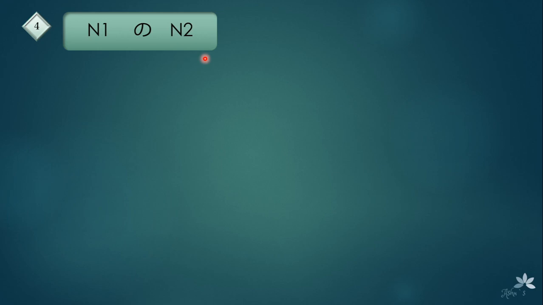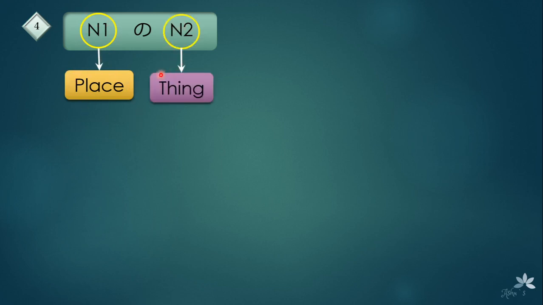Now in this lesson, N1 will be a place and N2 will be a thing. So we say that the thing in N2 is a product of the place N1. N1 here can be a country or a place, or it can also be the name of a company. So we say that N2 is a product or a make of this place N1.